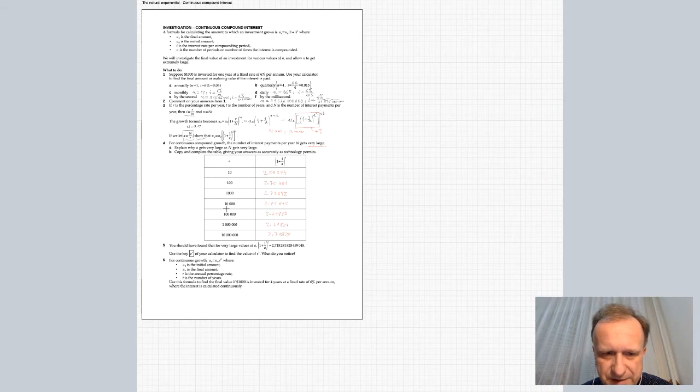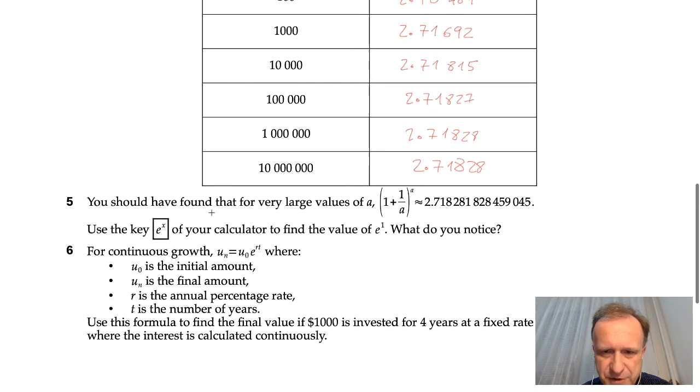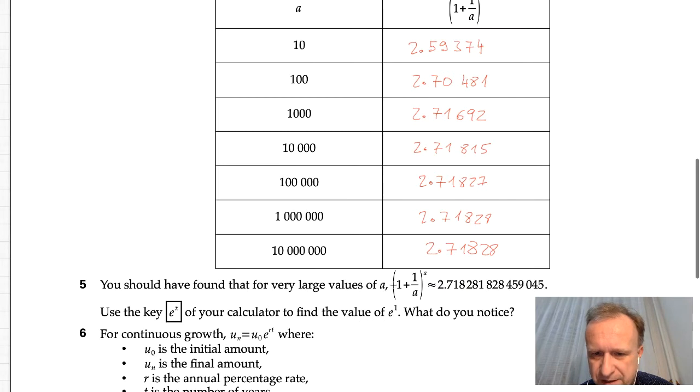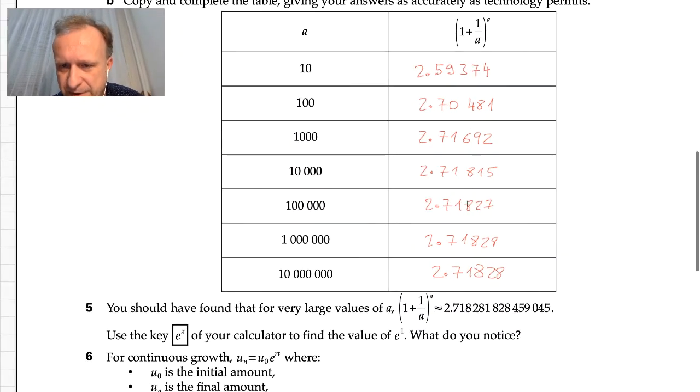The next part of this investigation is part 5, in which, it tells us, you should have found that for very large values of A, these numbers in the table tend towards this fantastic number, which you already know is the number e. It's the natural base of the exponential functions. As you see, there is a correspondence with 2.71828, which is fantastic.